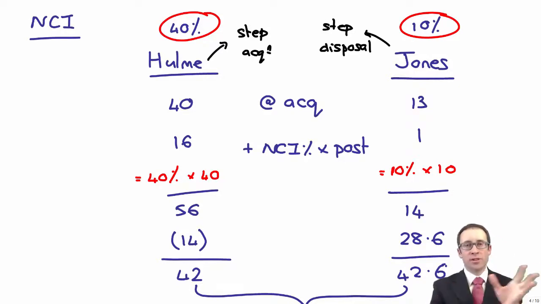So there were movements in the ownership percentage, but it did not change the fact that we still had control, did it?